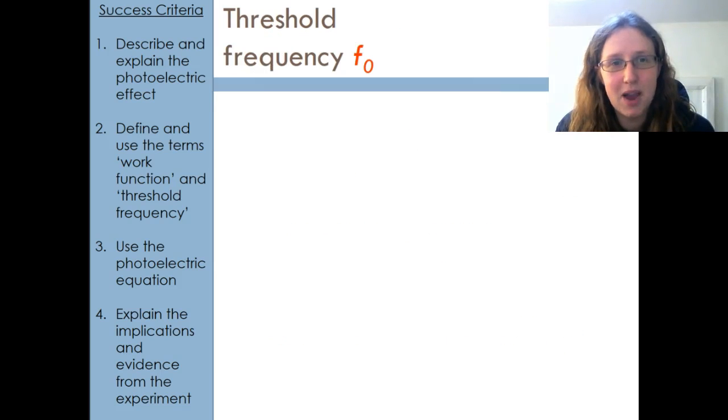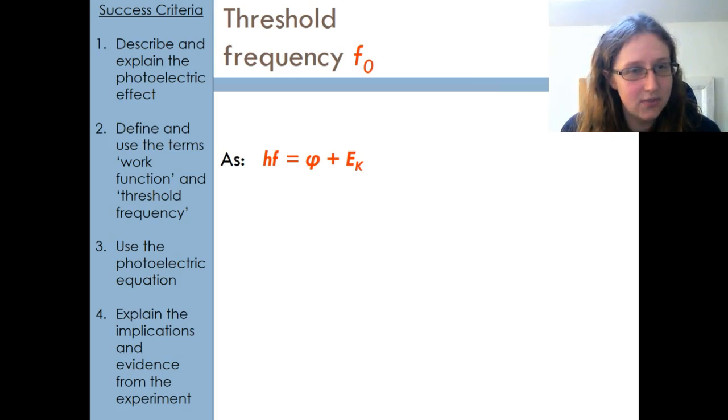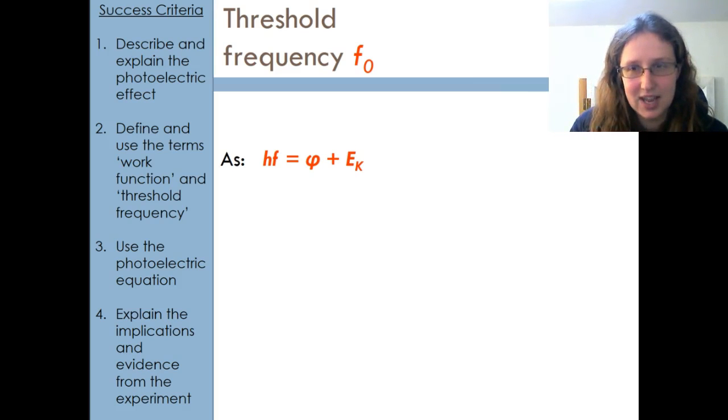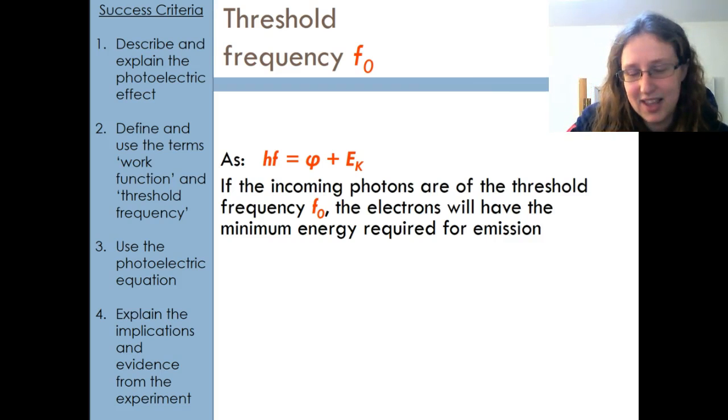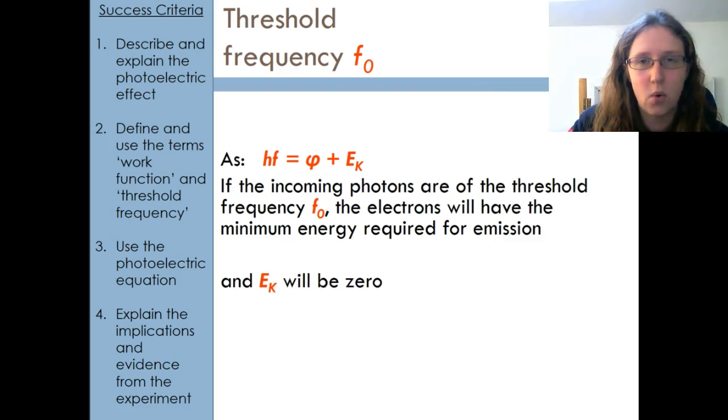Now, we've been talking about threshold frequency. Now we might want to be able to actually calculate what that's going to be for a material. And now that we have this equation, we can. Because we've said that hf equals the work function plus the kinetic energy. Well, if I'm only just giving it enough energy to be released, so if I just use the threshold frequency, the released electron would have no kinetic energy because I would be giving it exactly the minimum energy required to leave, so the work function.